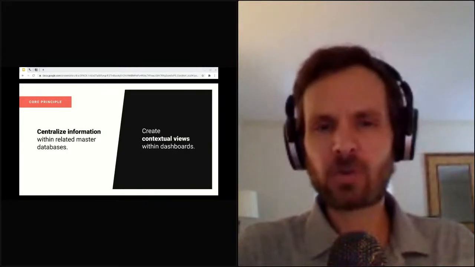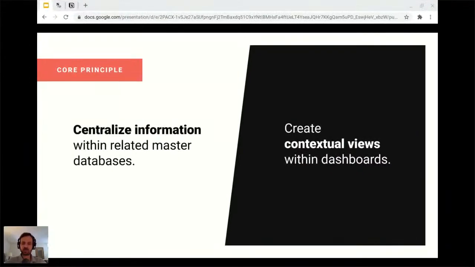And as a part of this approach to centralizing information in master databases, we're also going to favor relation properties over select properties. So if you're unfamiliar with relation properties, they allow you to connect one database to another, and then you can choose from the items in the other database to populate the value for an item in the first database. So take countries, for example. Throughout your workspace, you may have a few different databases where you want to assign a country to the items.